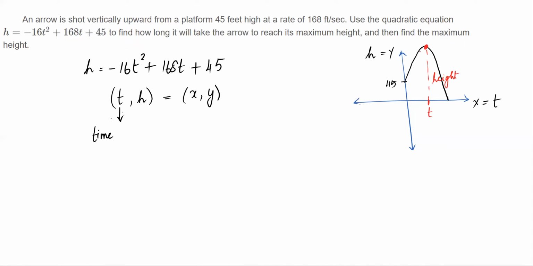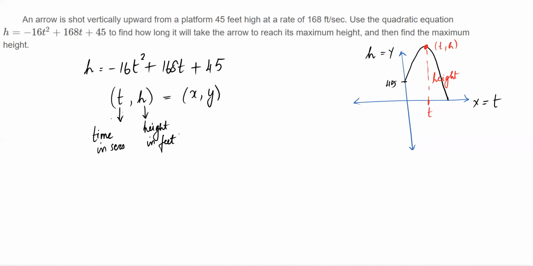So for this t, what is the corresponding height you get? T comma h. So then I come back here and say, okay, t represents time in seconds. It takes seconds for the arrow to go up and then come back down. And h represents the height. And the height is given to us in feet, so we know that the height is measured in feet. Okay, so we have a little sketch here, right?